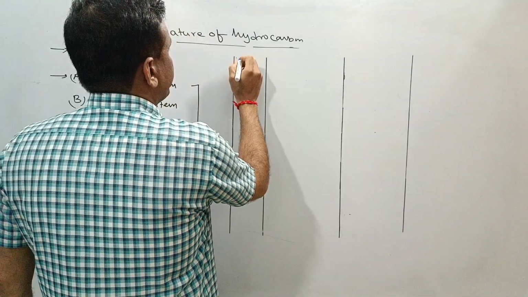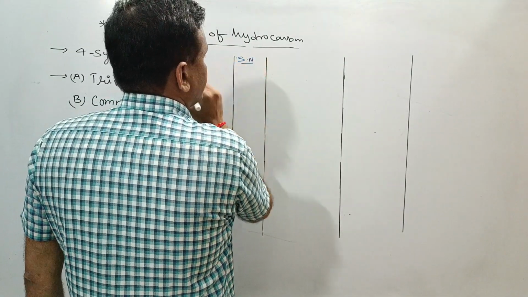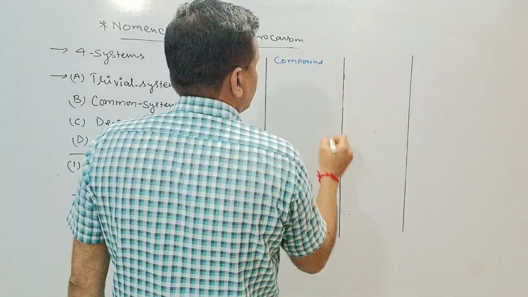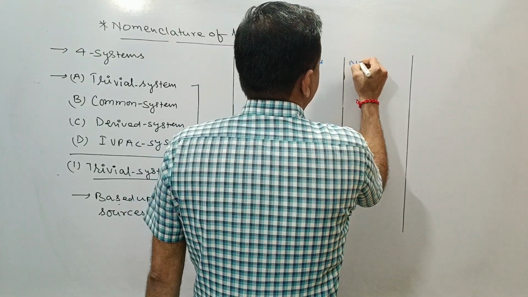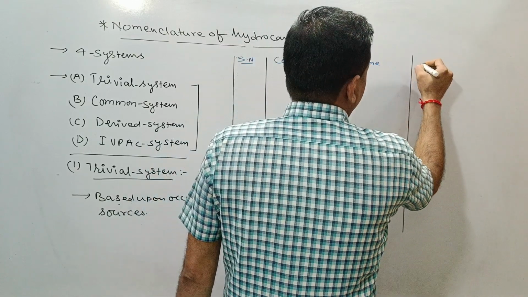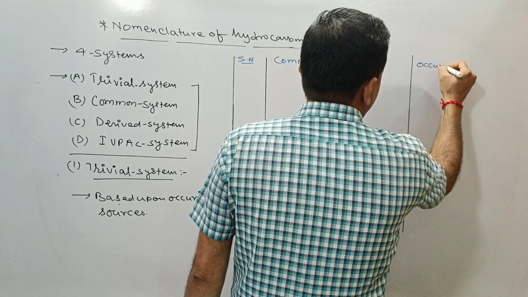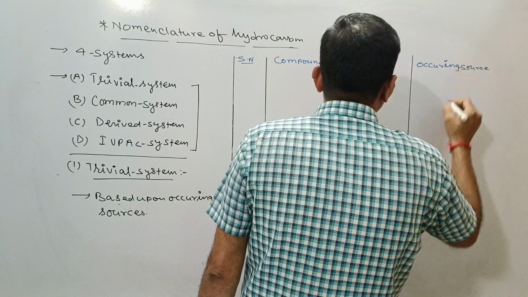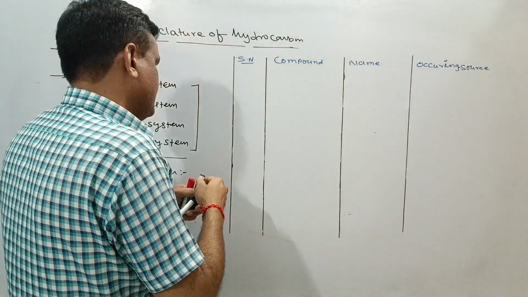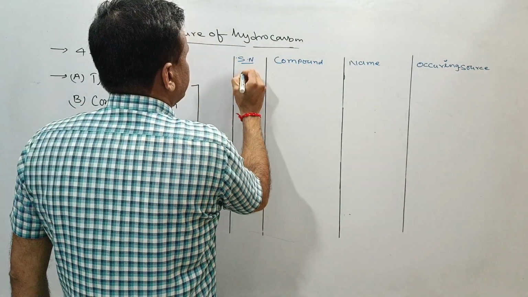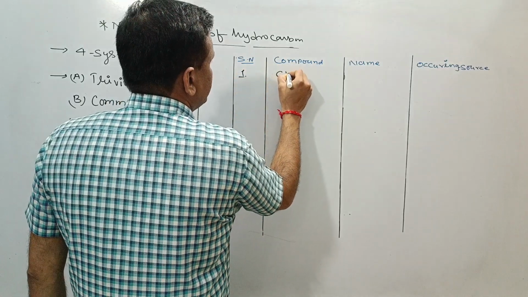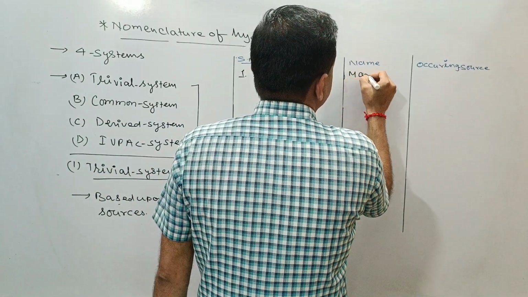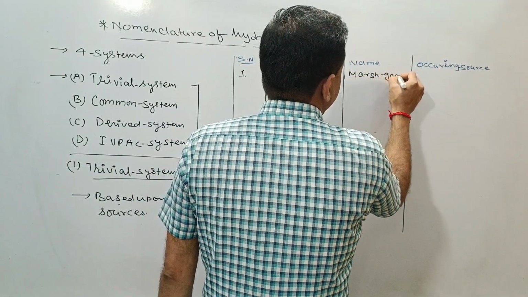This is the serial number. This is your compound. This is the name. And this is the occurring source. If we go with serial number 1, that is your most important compound, CH4. It is also called marsh gas.